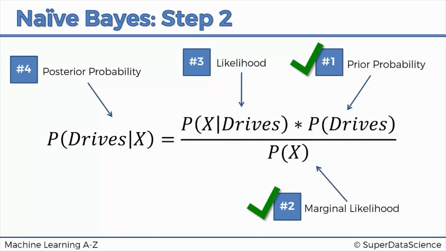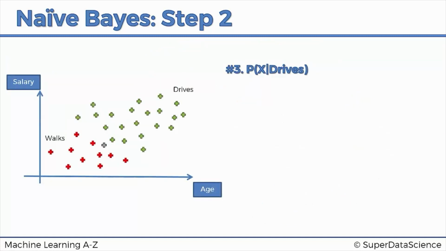Now we're going to move on to the likelihood. This time it's the likelihood of somebody exhibiting the features of X, or being similar to the data point that we're adding, given that we're only looking at people who are driving to work. Let's have a look at that. Here's our data set. Again, we're going to draw the circle around our data point, take it out, and then add that shading.